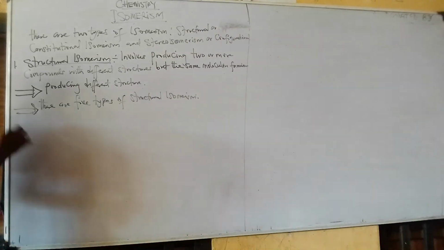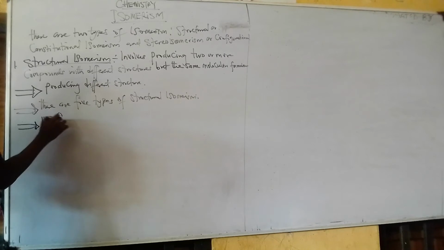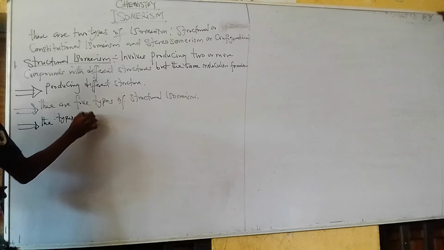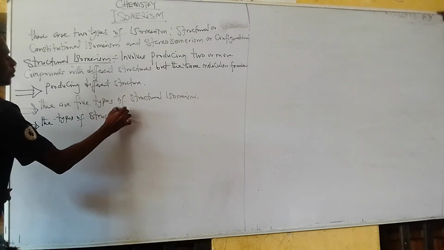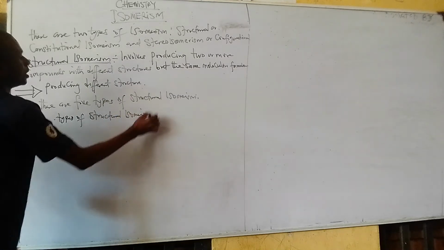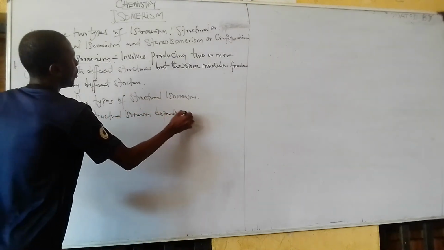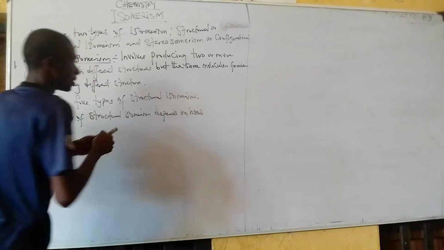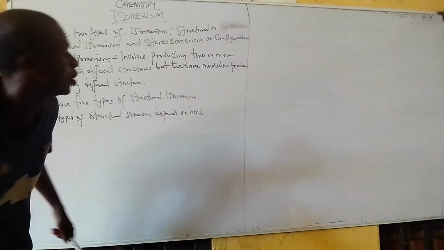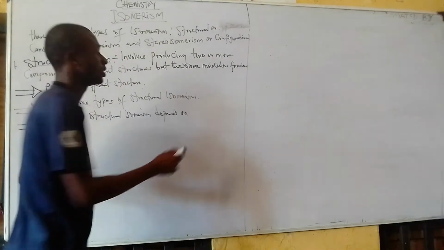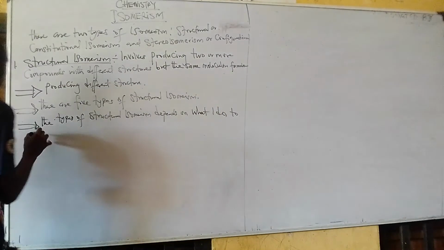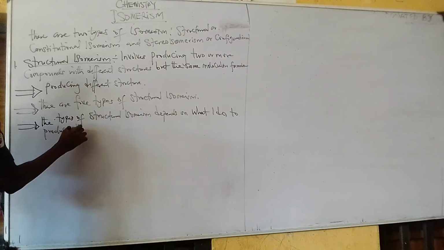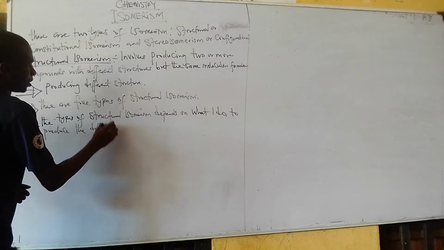The types of structural isomerism depend on what I do to produce the different structures.